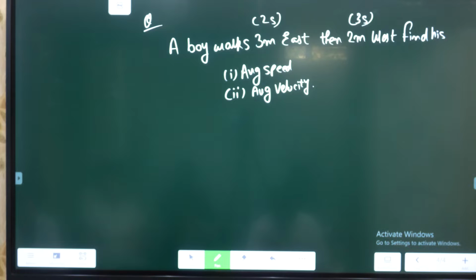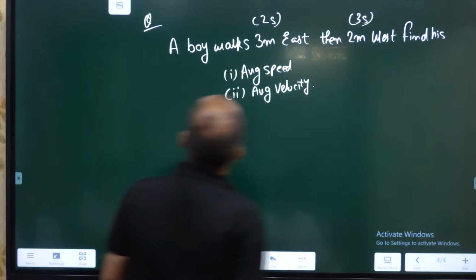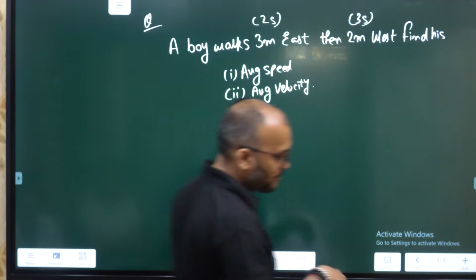Same answers. Speed is 1, or velocity 0.5? 0.2 dear. Okay, let me solve it.